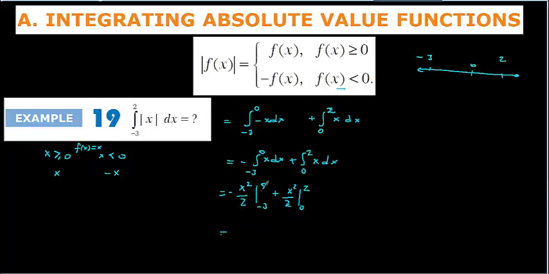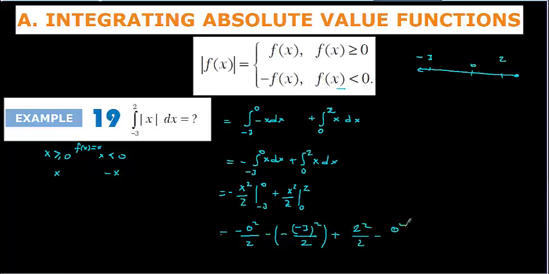Then this is equal to, first we replace by 0, then minus 3: minus 0 squared over 2, minus, again minus, minus 3 squared over 2. And that's equal to plus the second part, x squared over 2 from 0 to 2, which is 2 squared over 2 minus 0 squared over 2.